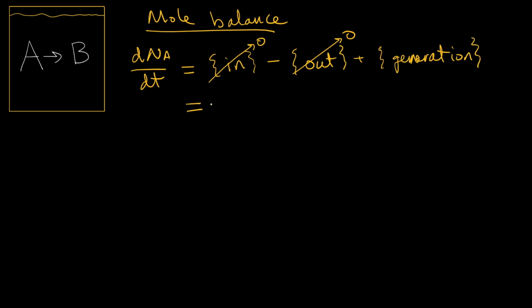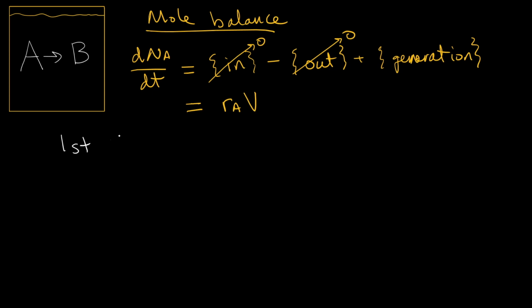So our generation term can be written as our rate of reaction, which is going to be called RA, rate of reaction of species A, times the volume of our reactor. So this rate of reaction is in moles per time per volume, and if we multiply that by the volume of the reactor, we get to the units of moles per time over here on the left-hand side of the equation.